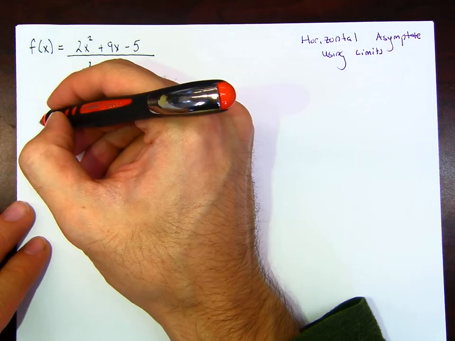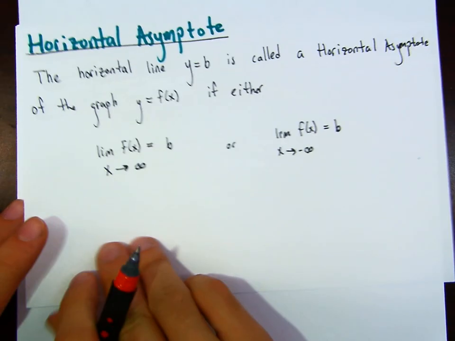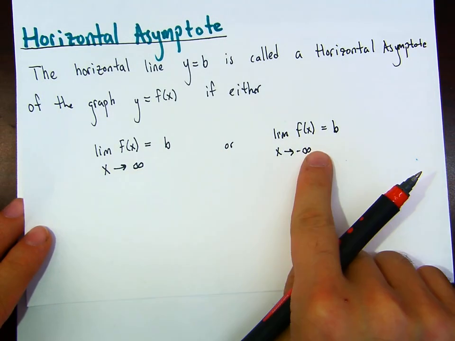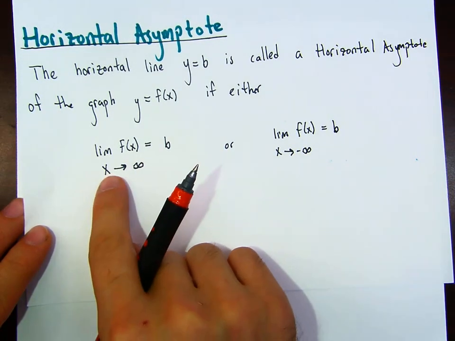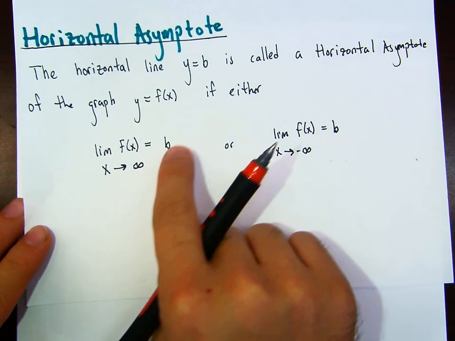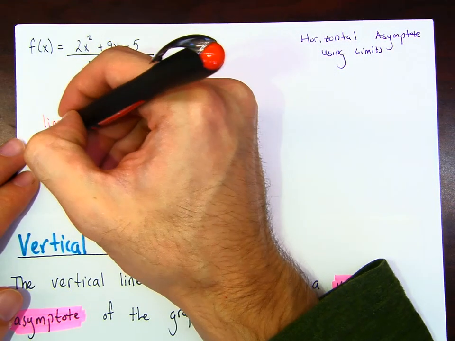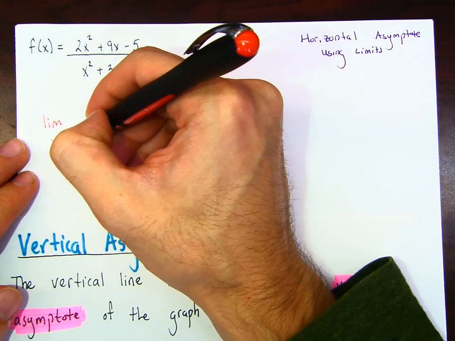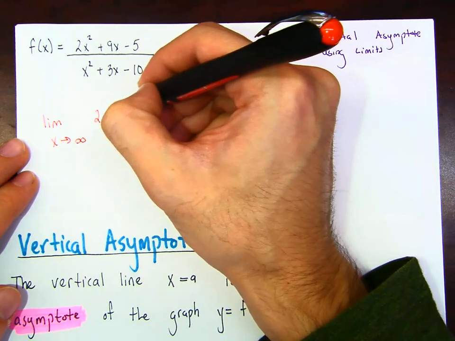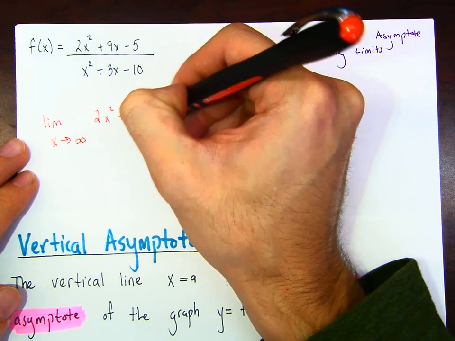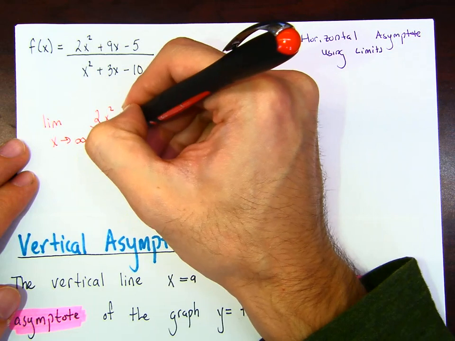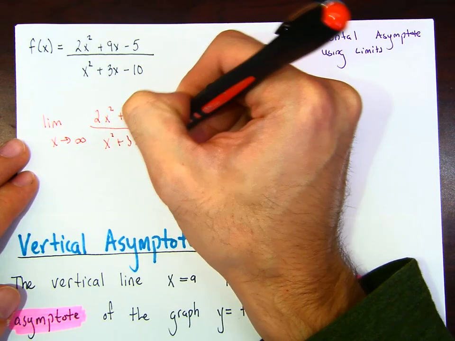Notice that we have to show both sides. You have to say that the limit as x approaches infinity goes to some value. Well, okay, so the limit as x approaches infinity of 2x squared plus 9x minus 5 over x squared plus 3x minus 10.